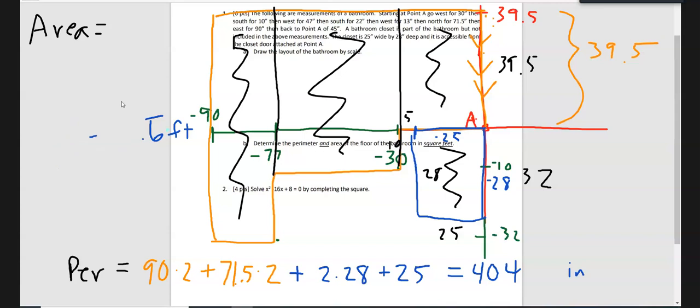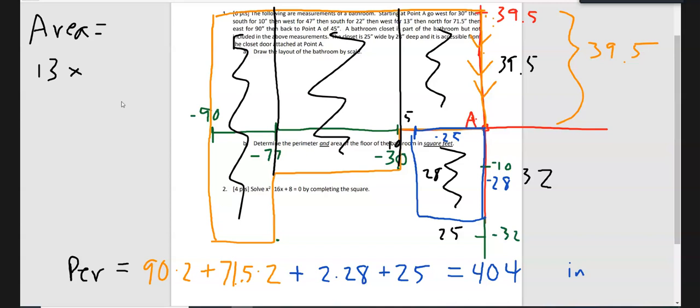So, let me get rid of this. Let's see, the one on the far left would be 13 by, now remember, I'm doing this all in square inches, and once I get it into square inches, I'm going to convert it into square feet.